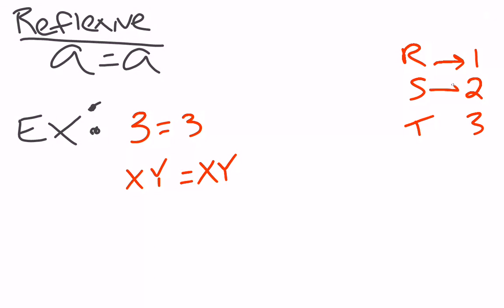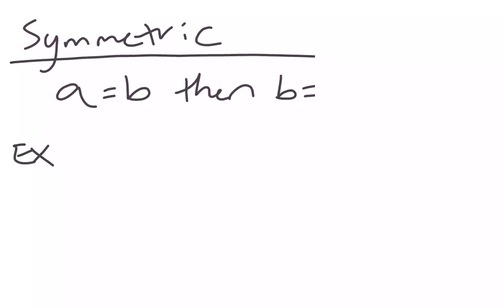The next flap talks about the symmetric property, which is when I'm talking about two things. So the symmetric property lets you switch the order.